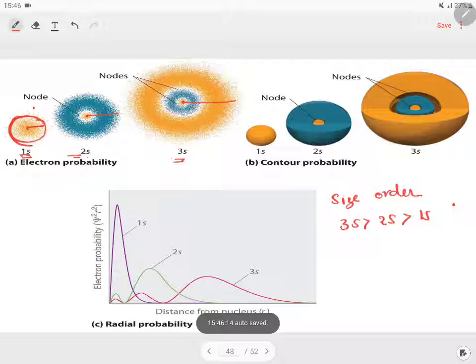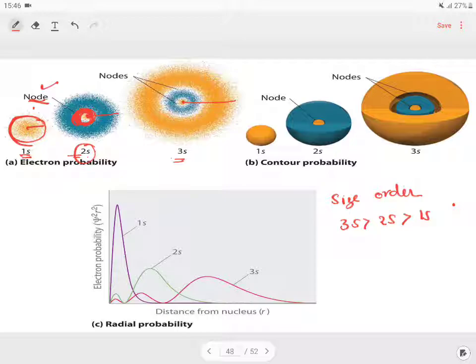Now, in this particular region around the nucleus, at a certain radius from the nucleus, the probability of finding electron will be 0. That's known as node. Therefore, for 2s orbital, there is only one node, only one region where the probability of finding electron will be 0.